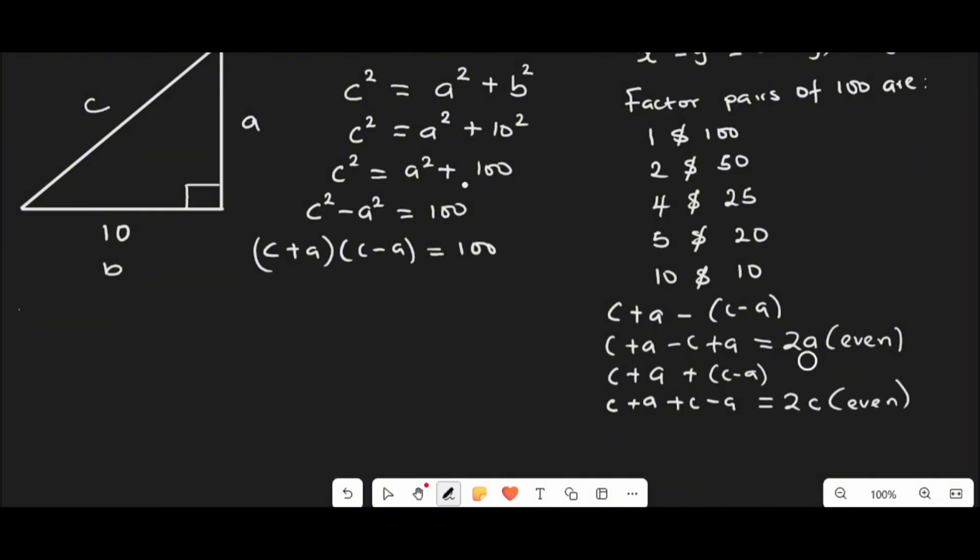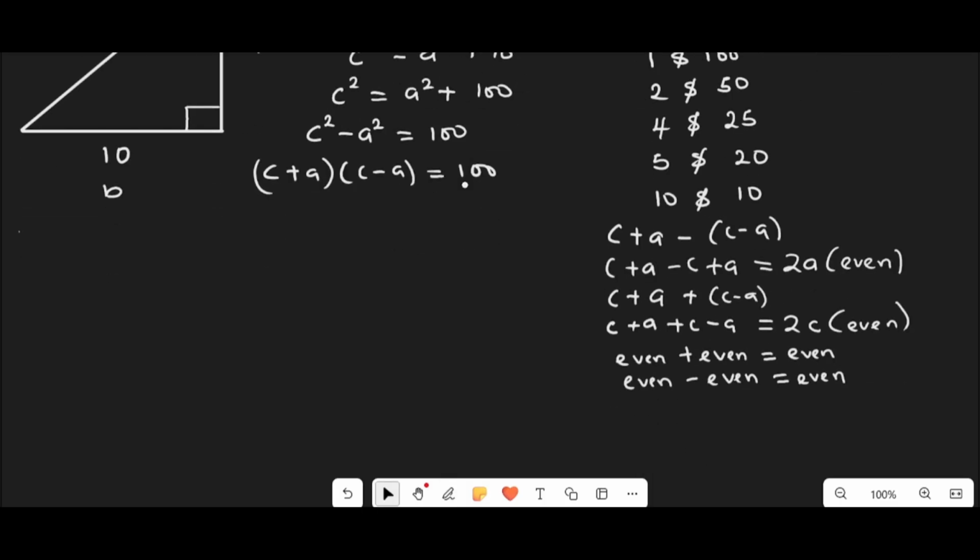Now using the parity rules, which says even plus even will give us even. Even minus even will give us even number.